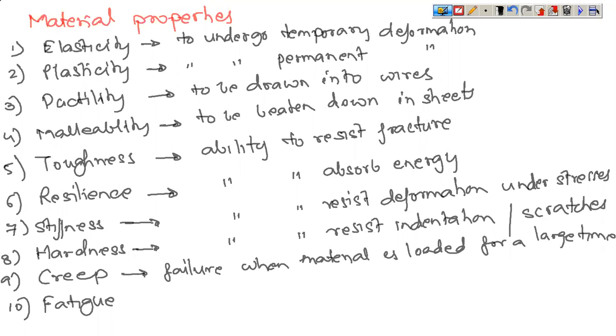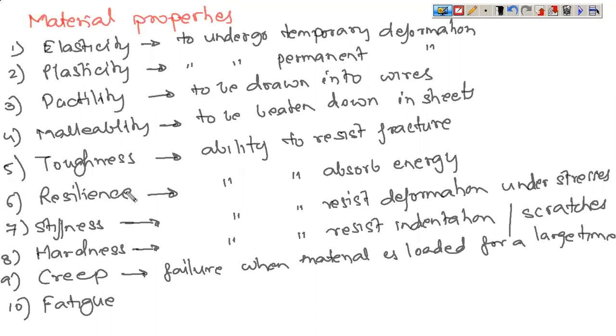Now, आपने देखा होगा कि एक जगह मान लीजिए आपने एक पत्थर रख दिया, पत्थर का वजन बहुत कम है as compared to the location where you have kept it. बहुत टाइम तक रखे रहने के बाद जब आपने पत्थर हटाया तो देखा वहां पे थोड़ी सी जमीन धस गई थी या सामान धस गया था या परमानेंटली उसमें कुछ डिफॉर्मेशन हुआ, तो that type of deformation is called creep, when the failure takes place in the material when it is loaded not by a very huge amount but for a large amount of time.